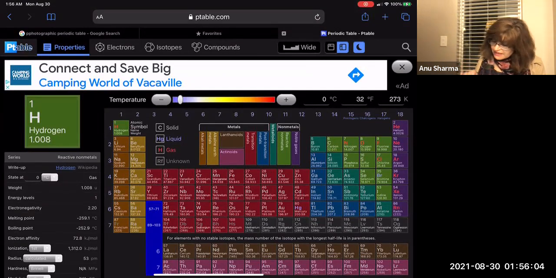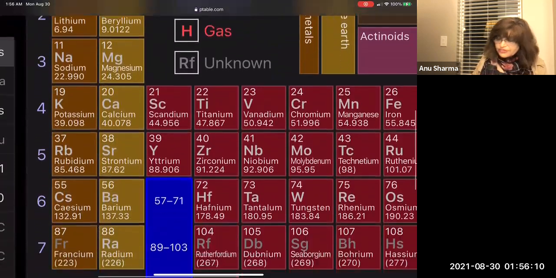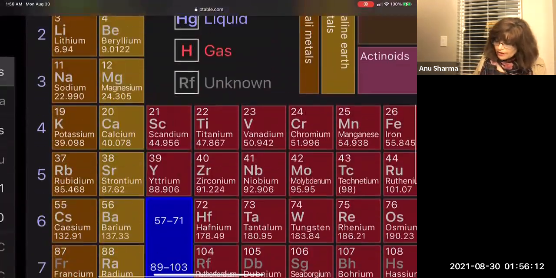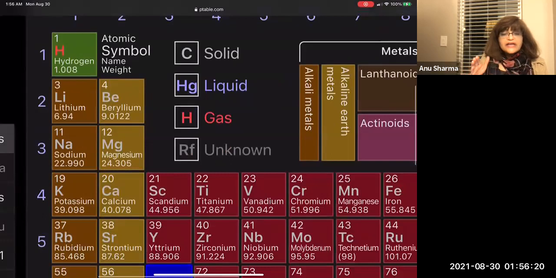So that's one piece. The second thing is these elements are also arranged in the increasing order of their chemical reactivity. As you place these elements in the periodic table, the elements that behave the same way chemically are placed in one column.